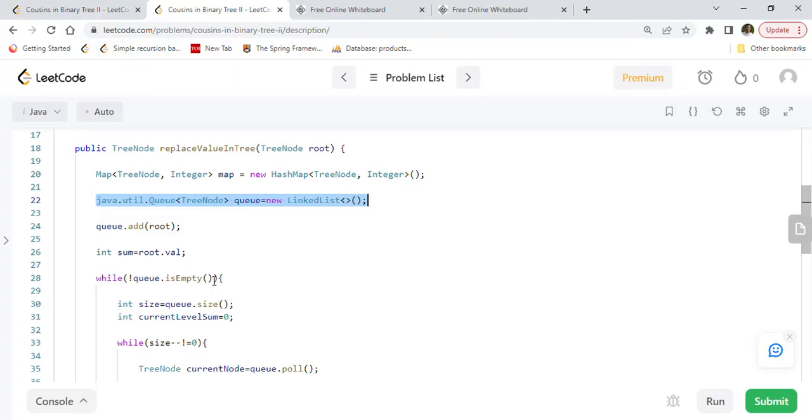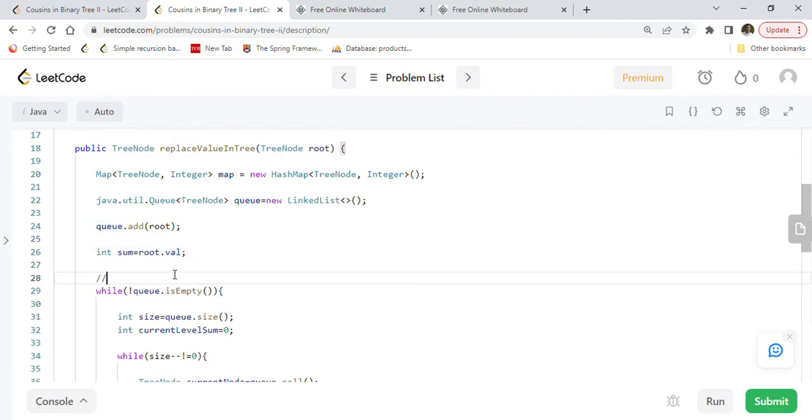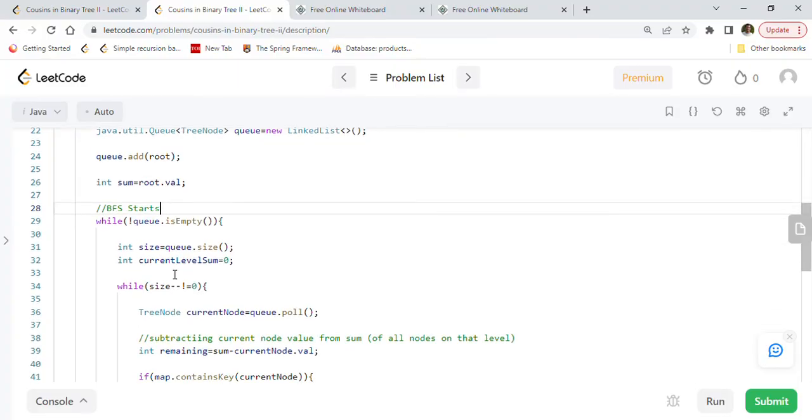We are going to start by adding the root node into the queue because we have to have something in that queue so that we can do the BFS. Sum is equal to root.val, right? Now this is the point where our BFS starts. So while the queue is not empty, you want to process all the nodes.